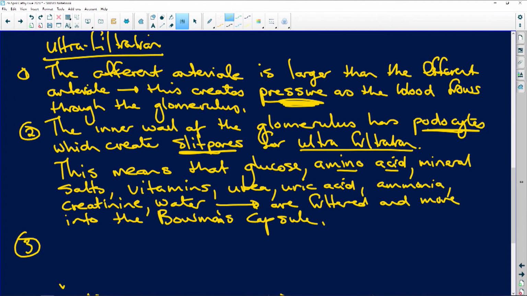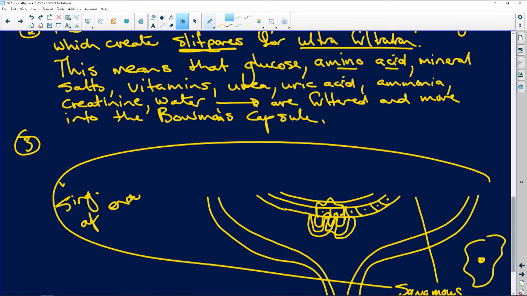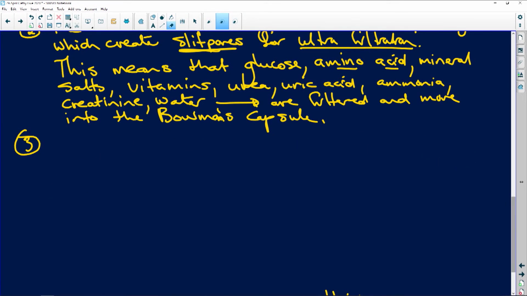And now this is where the important thing comes. Because of those podocytes and the slit pores and the micropores that are in the capillaries, what do we have? We have the bigger molecules are left behind. So let's just zip this. Where's my eraser? Gone. Okay.